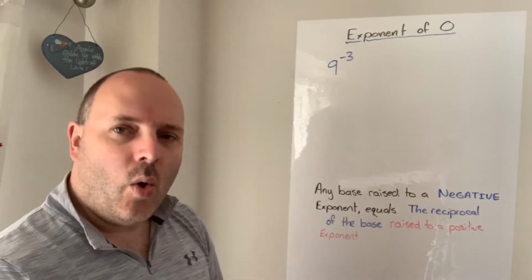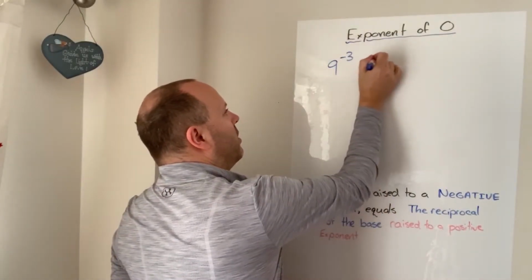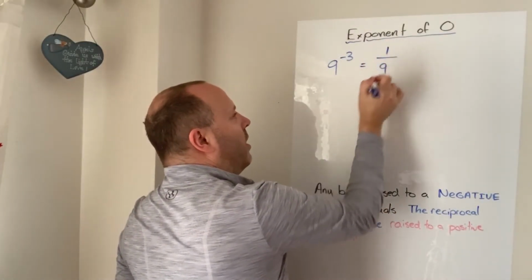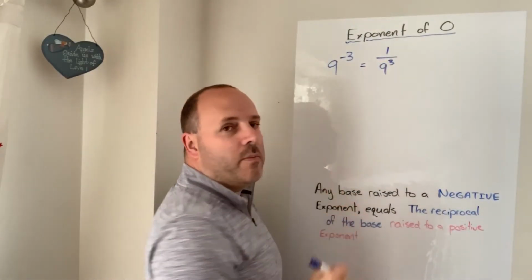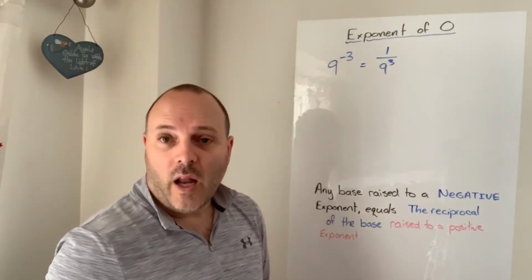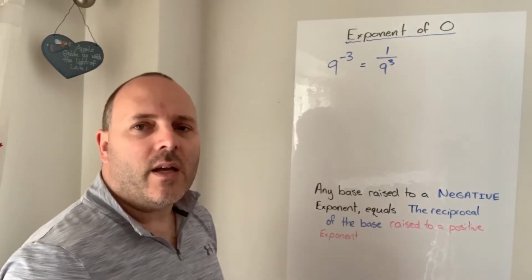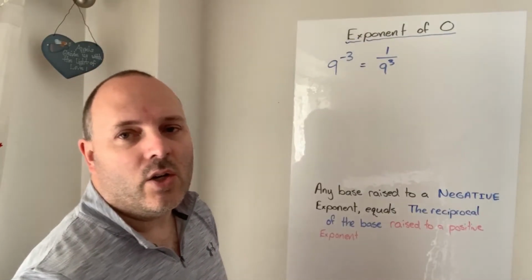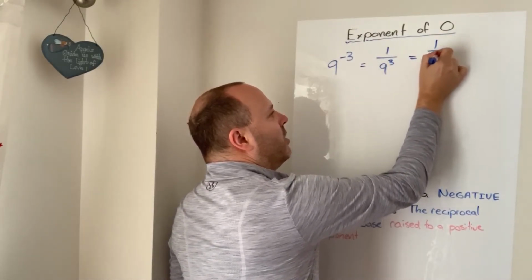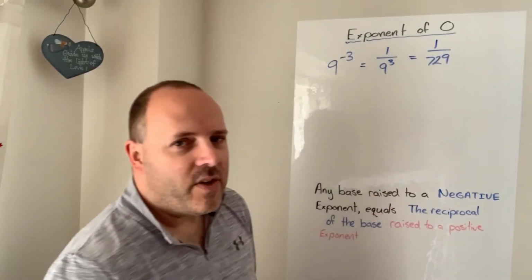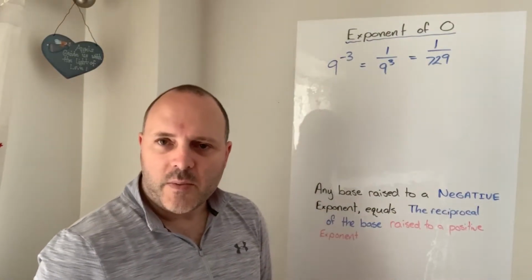That's 1/9, and make it a positive power, so to the power 3. 9 to the power 3, I type that in my calculator. Calculator says 729. So this is 1/729. Does that make some sense?